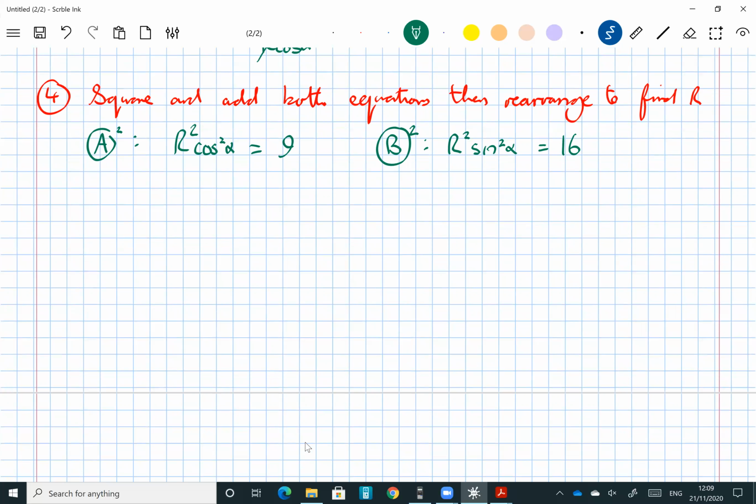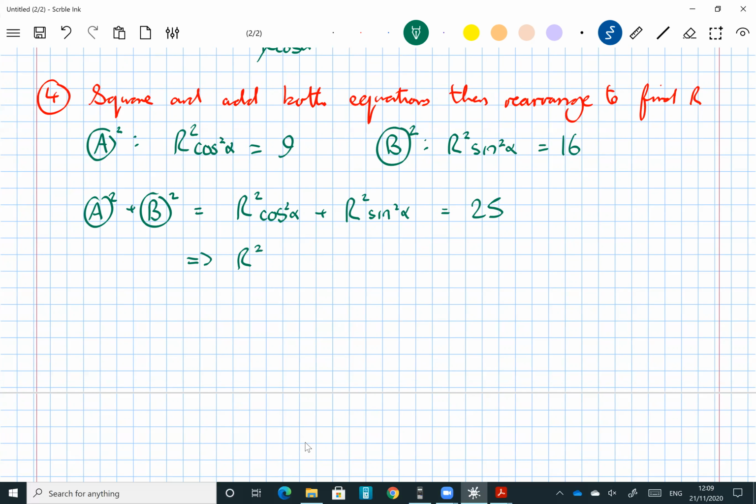So I said square and add both equations. So equation A squared plus B squared is r squared cos squared alpha plus r squared sine squared alpha equals 16 plus 9, which is 25.